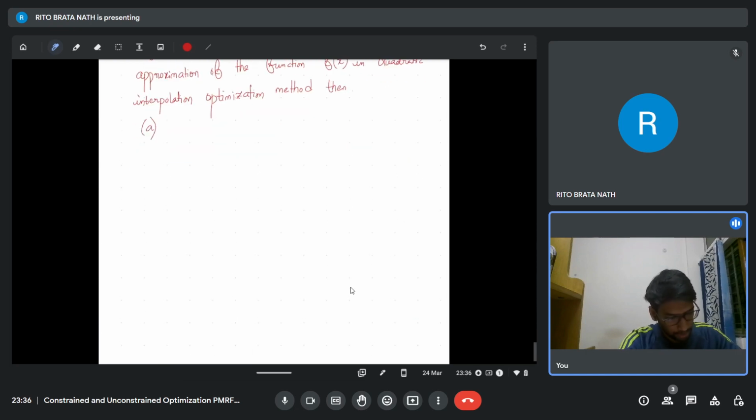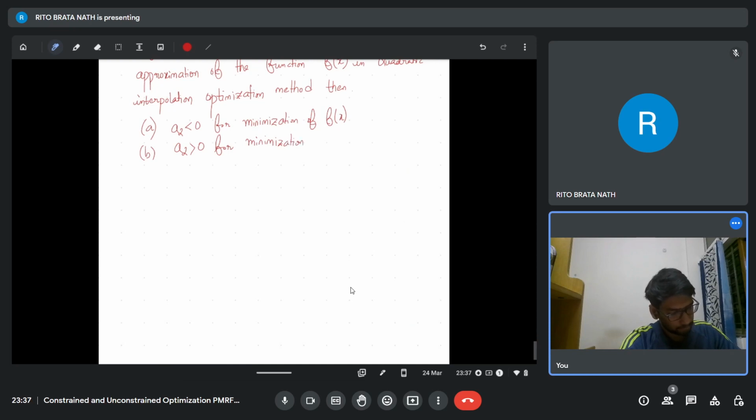Option A is a2 less than 0 for minimization of f(x). B is a2 greater than 0 for minimization of f(x).